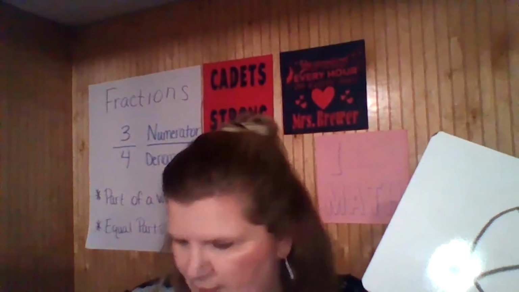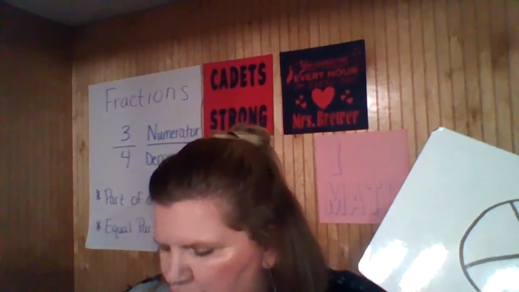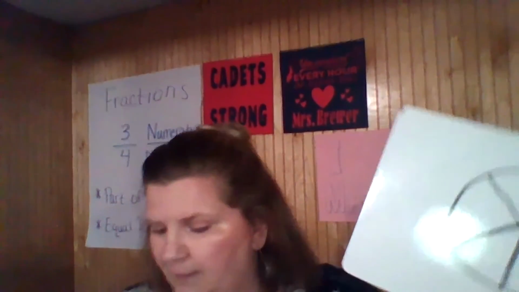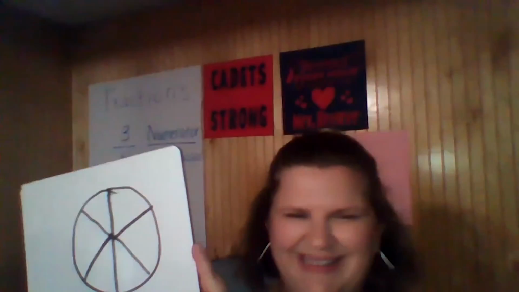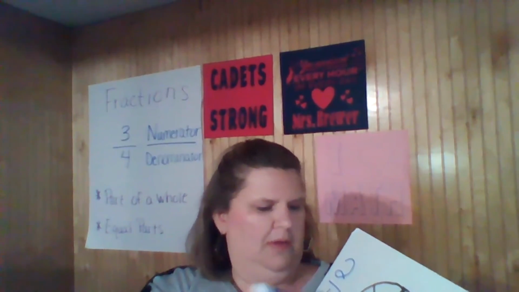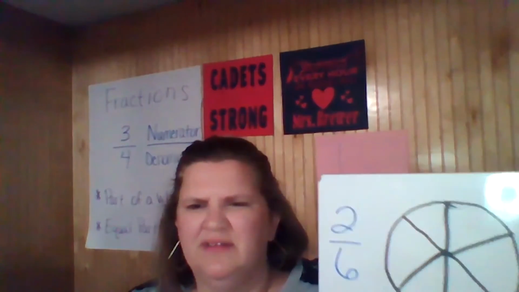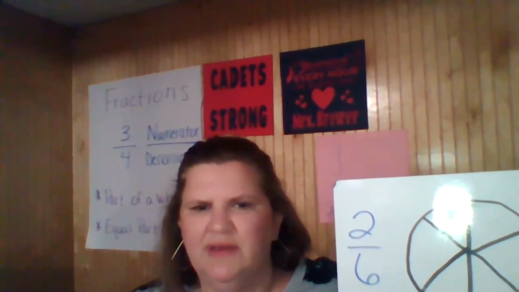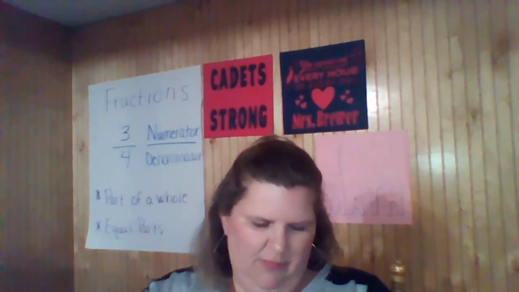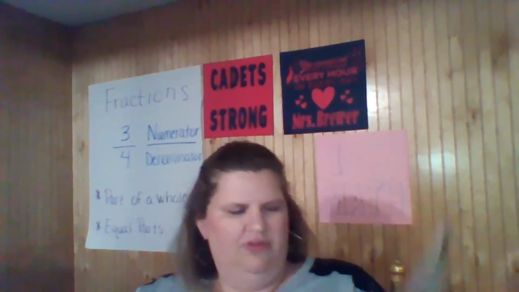We're gonna do 2, okay? So 2/6 of my circle here, we are gonna shade blue, okay? So 2/6 are gonna be blue. So how many pieces should I color in for 2/6? 2, okay, good. So I'm gonna shade in 1, 2.